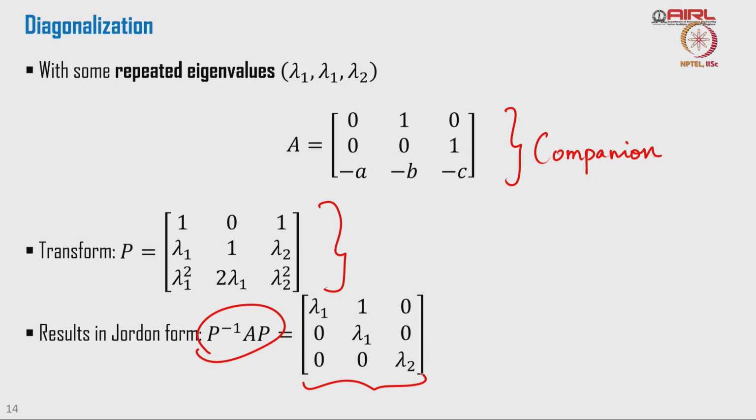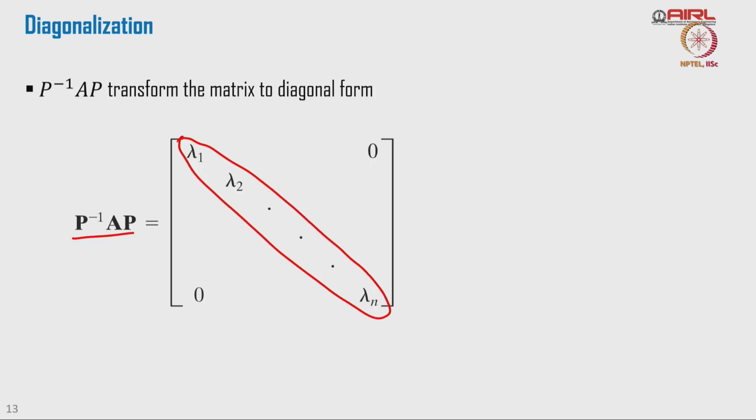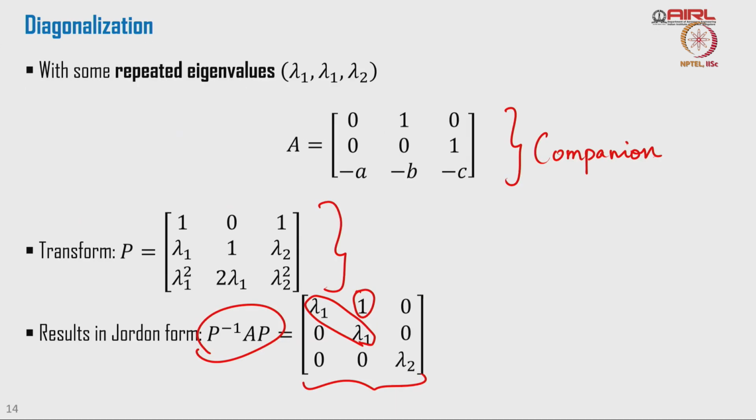Notice that if we have repeated roots, we will have non-zero elements in the non-diagonal parts of the matrix. Earlier when we had fully distinct roots, we only had non-zero elements in the diagonal. However, now we have non-zero elements not in the diagonal as well.